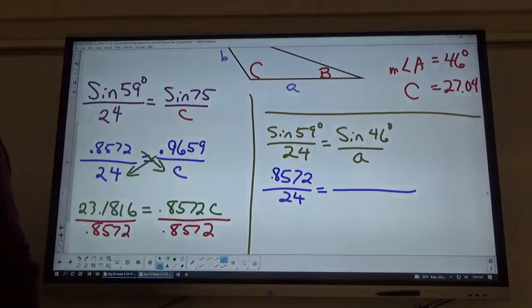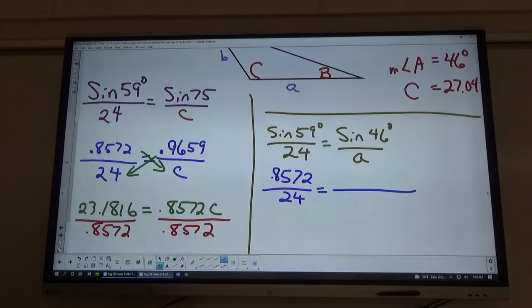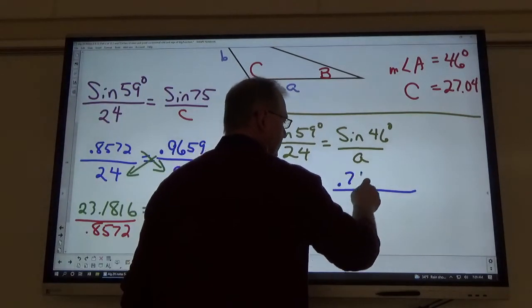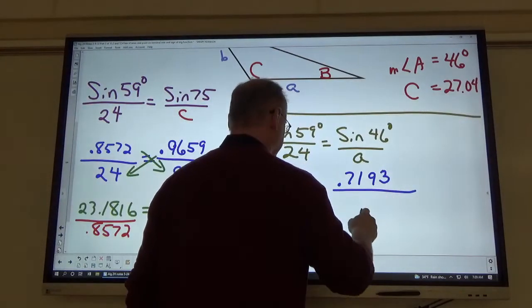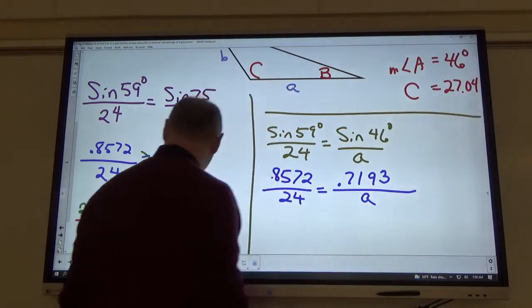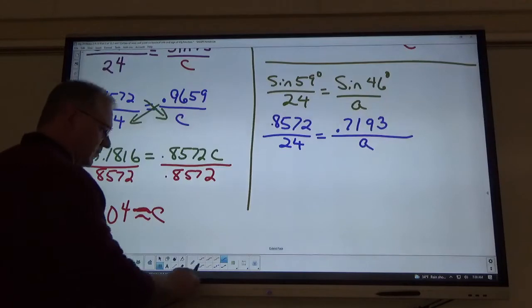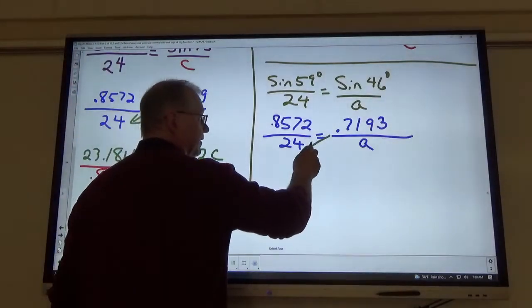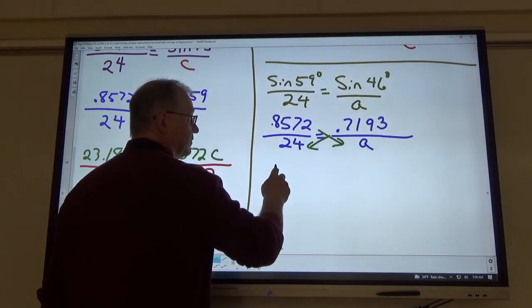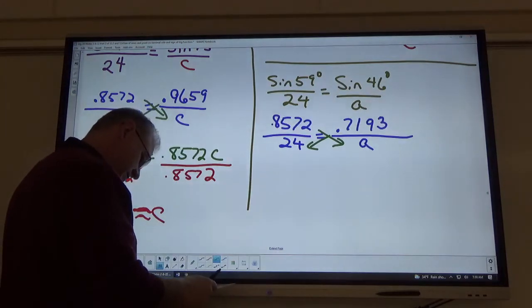Now 46 degrees, when we take our sine, is 0.7193. And that's over A. We then cross multiply.